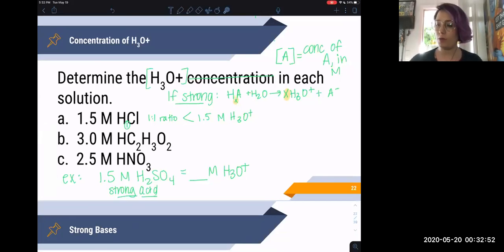Whatever the number of H's is the number of hydroniums, so think about that ratio.